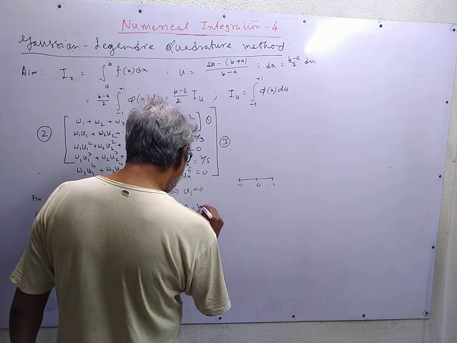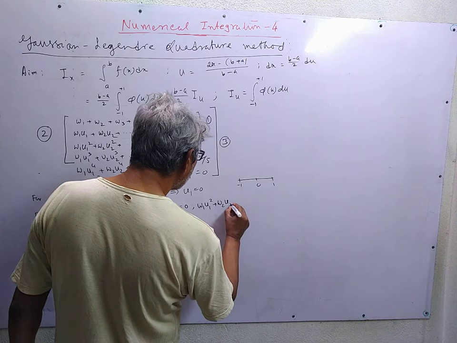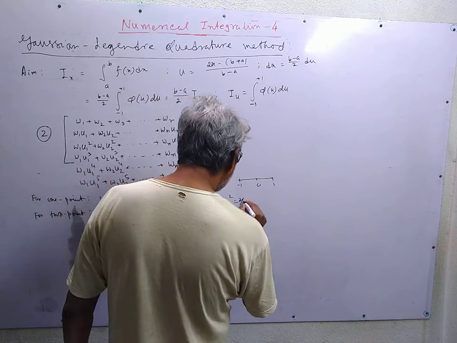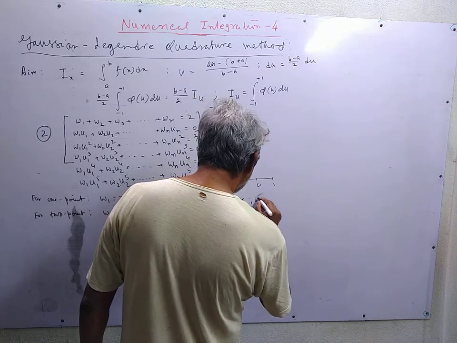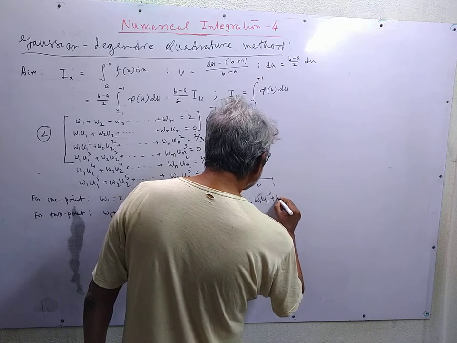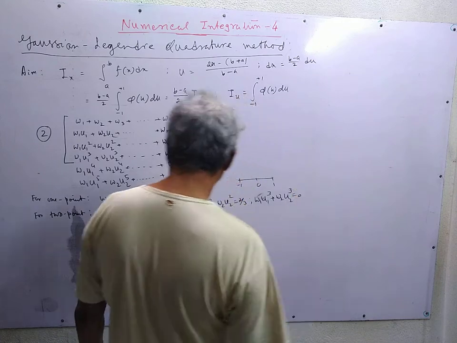Then W1 U1 square plus W2 U2 square is equal to 2 by 3, and W1 U1 cube plus W2 U2 cube is equal to 0.